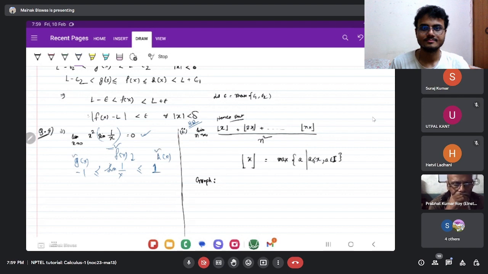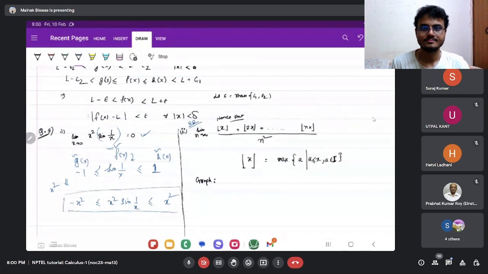I multiply this with x square, so I get minus x square less than x square sine 1 by x less than x square. Since x square is always greater than 0, I can multiply without changing inequalities. So this is your sandwich theorem equation: g of x less than f of x less than h of x.